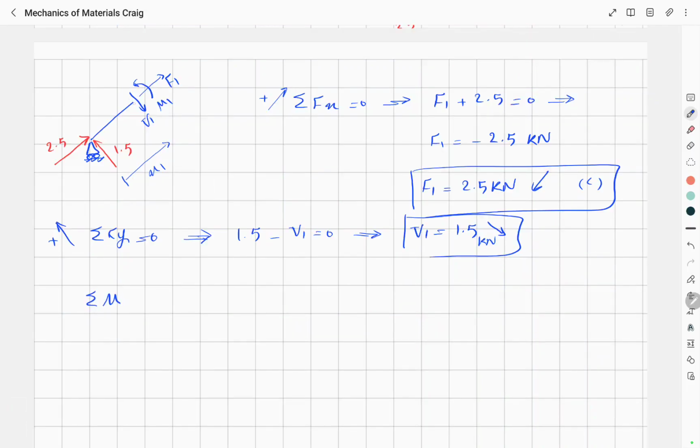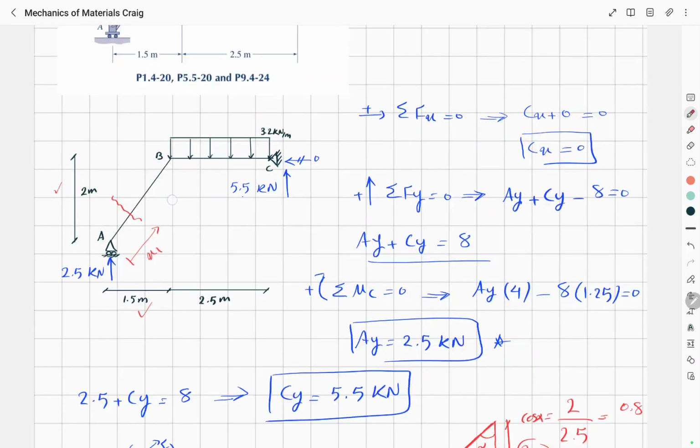Sigma M at x, which is this point, equal to 0. So 1.5 multiplied by x1 minus M1 is equal to 0. So M1 is equal to 1.5 x1 in this direction. So this is our x2.